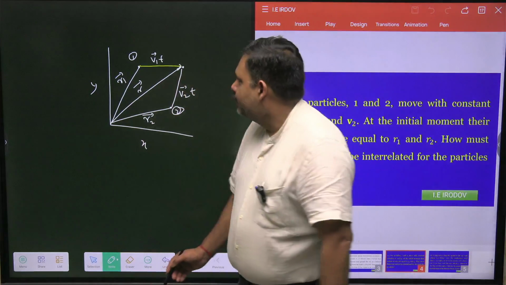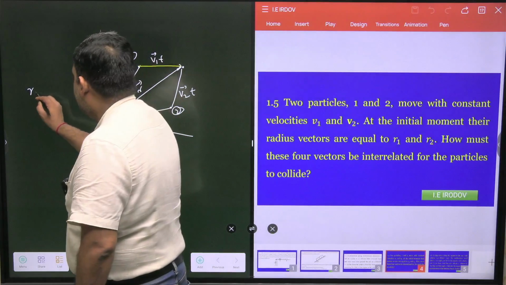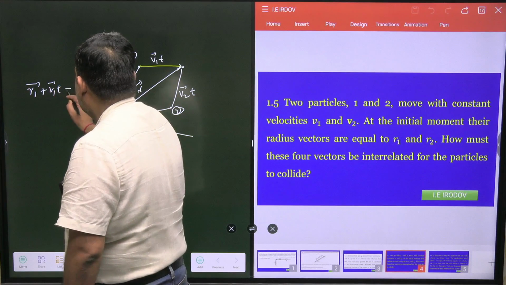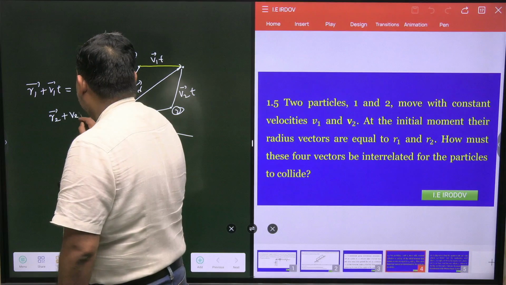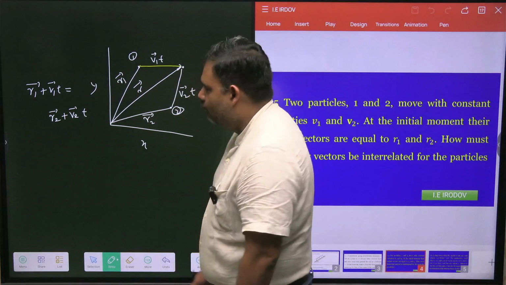When we write this, we have r1 plus v1 t must be equal to r2 plus v2 t. From there we can easily find the value of t.